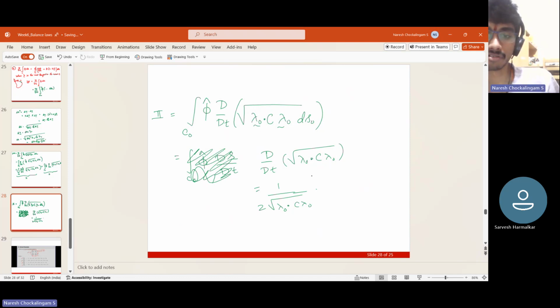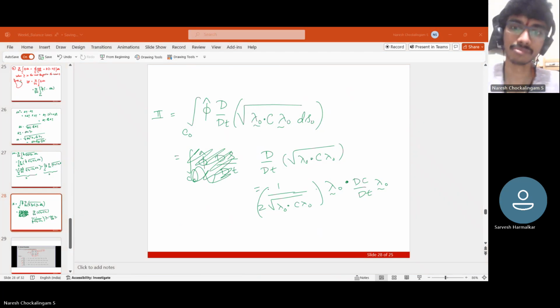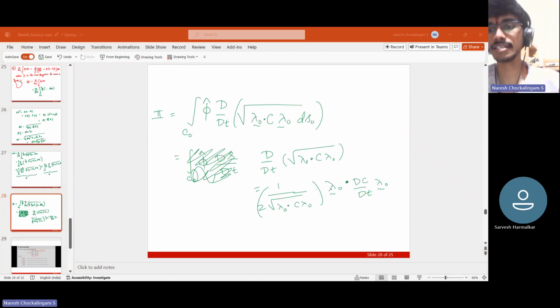This is a scalar. With what is there inside, differentiate that. Lambda naught is independent of time. So we have lambda naught dot dC acting on lambda naught. What is dC by dt?